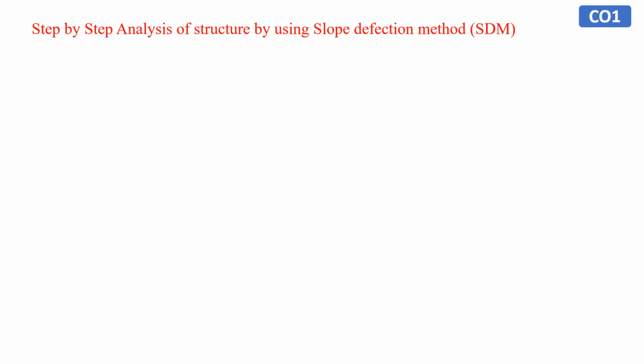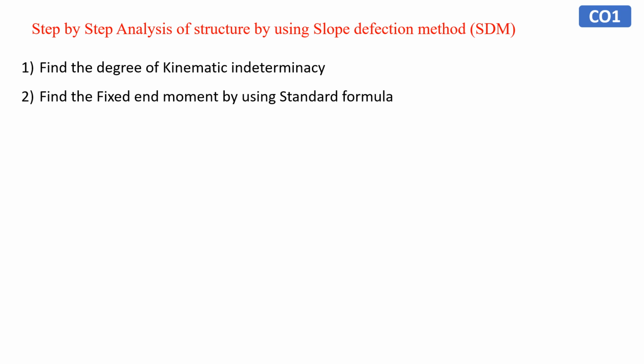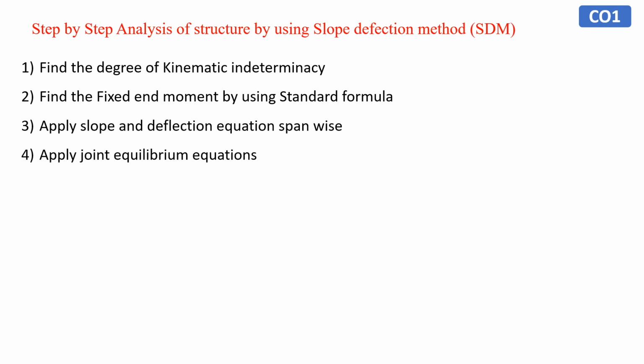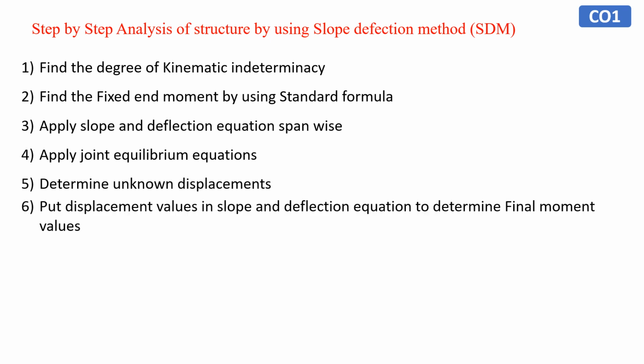Step by step analysis of the slope deflection method. The very first step is to find the degree of kinematic indeterminacy. Find the fixed end moments by using standard formulas. Apply slope and deflection equations span-wise. Apply joint equilibrium equations. Determine unknown displacements. Put the displacement values in the slope and deflection equations to determine the final moment values.